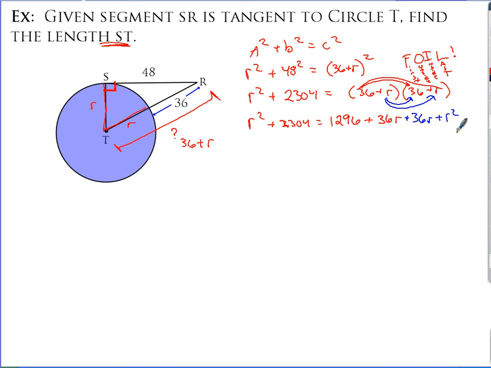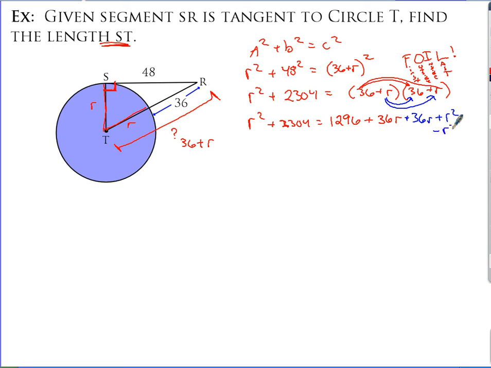Now we just simplify, we're solving for R. So we need to combine like terms, get everything on one side of the equation, get R by itself. All that good stuff, right? Now, when we combine like terms, remember I can only combine R squared, or X squared if it was an X, with another X squared, or R squared in our case. So I have R squared here. What am I going to do to get it on the other side?